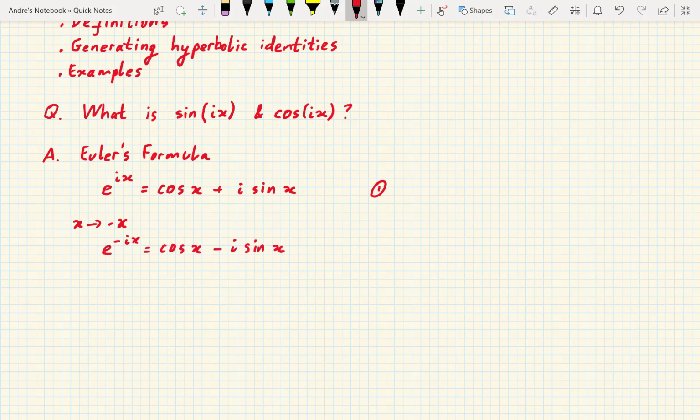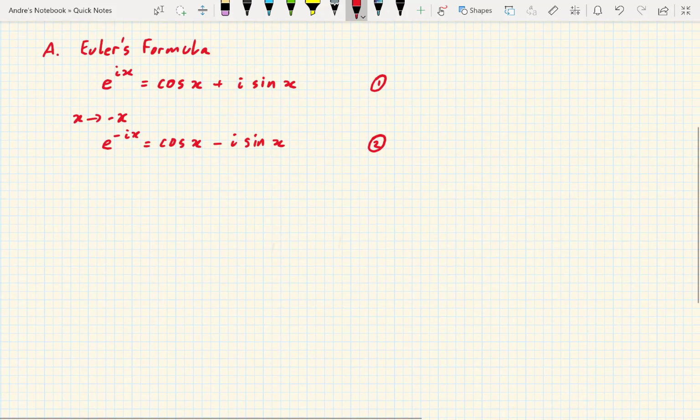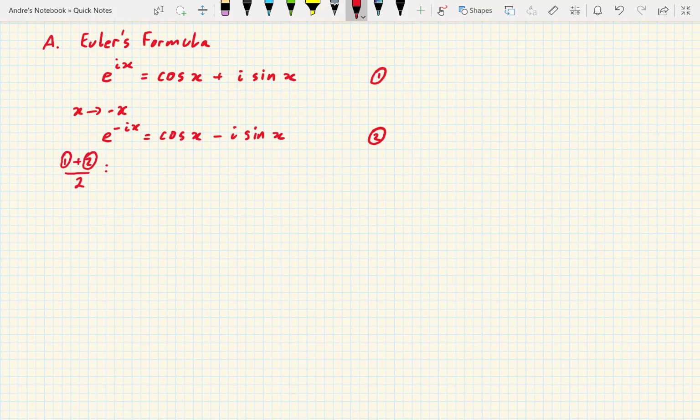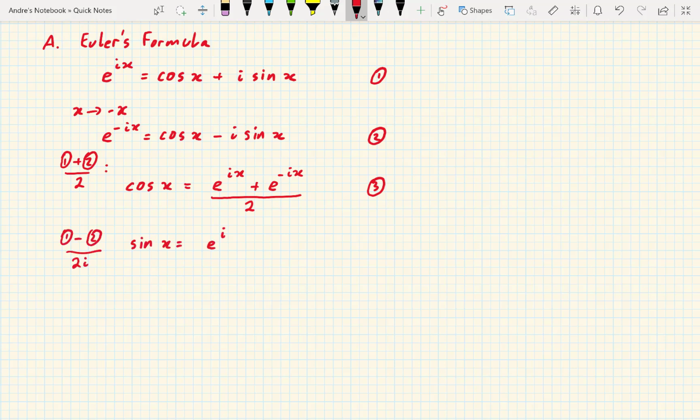Adding equations 1 and 2 and dividing by 2 gives cos x equals e to the ix plus e to the minus ix on 2. And similarly, subtracting and dividing by 2i gives sine x equals e to the ix minus e to the minus ix on 2i.